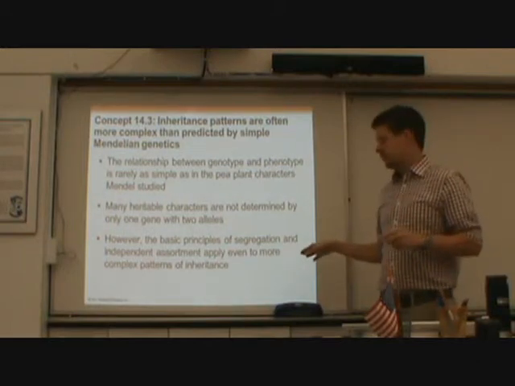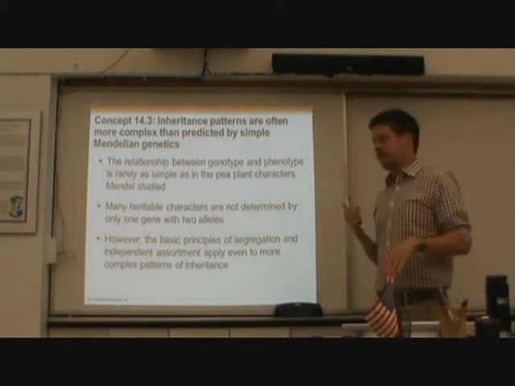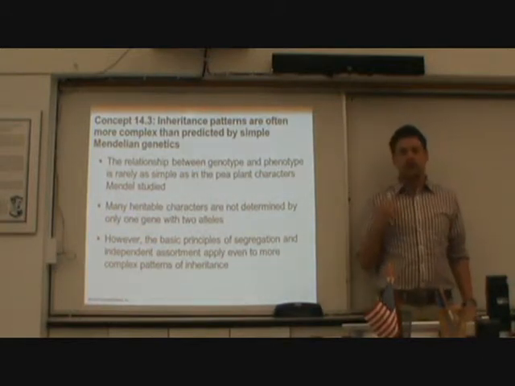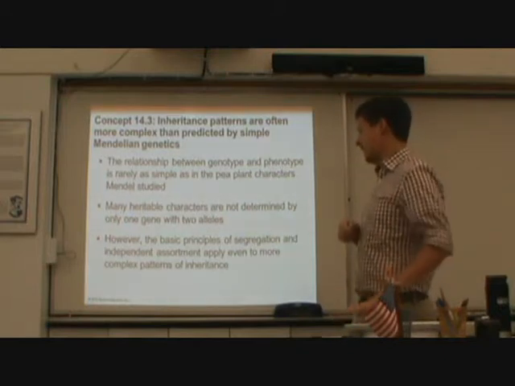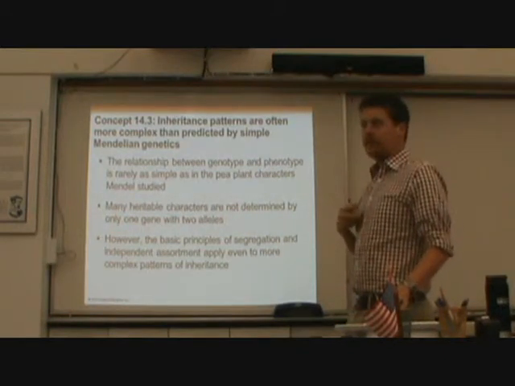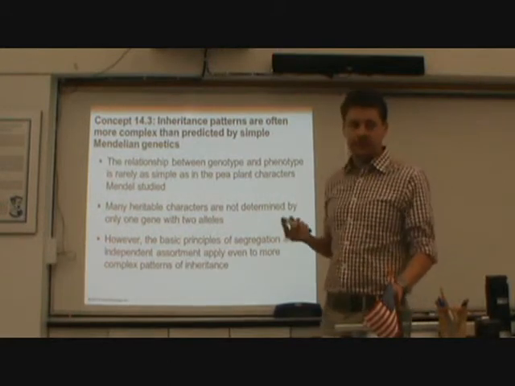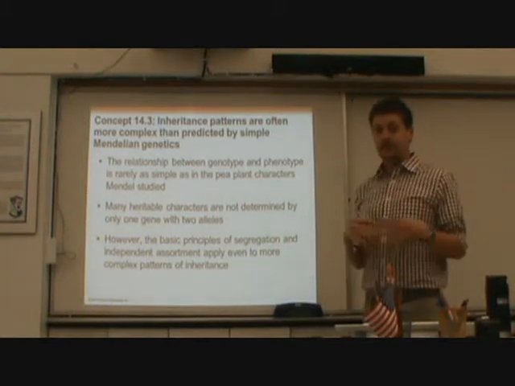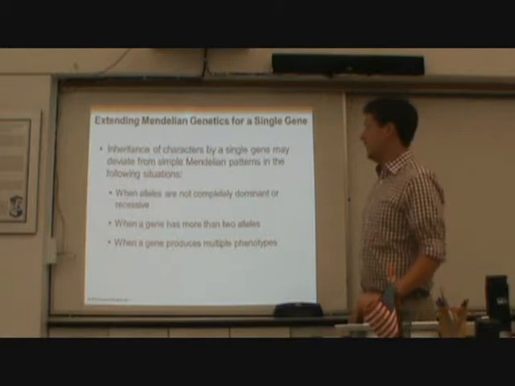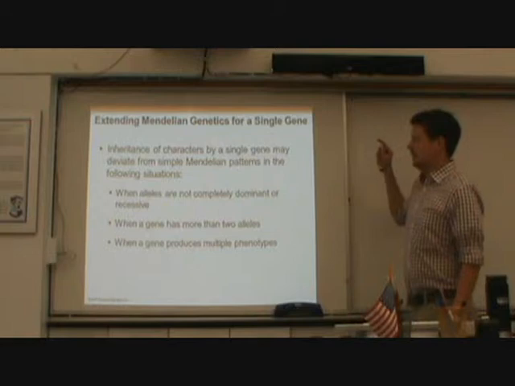But the same principles that he discovered still apply to these more complex genetic things, but he probably wouldn't have discovered those principles if he was studying something more complicated, because he wouldn't have observed the things that he observed. Okay, so let's see here.